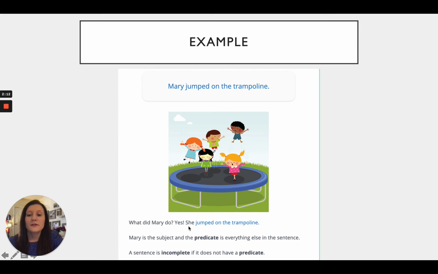So again, Mary would be the subject, and jumped on the trampoline is the predicate of our sentence. And a sentence is incomplete if it does not have a predicate in it. So every sentence has to have that subject and the verb.